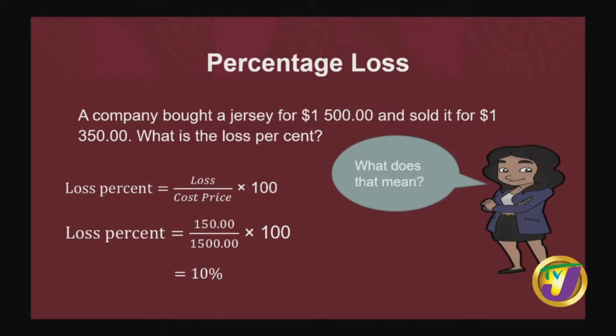We bought the jersey for $1,500 and we sold the jersey for $1,350. So I'm selling the jersey for less than I bought it for. In this case, we're going to be doing a quick subtraction. We sold the jersey at $150 less than we purchased it for.